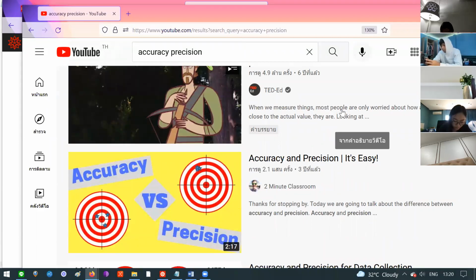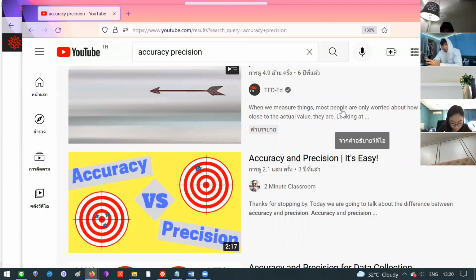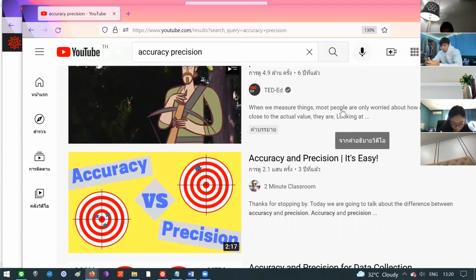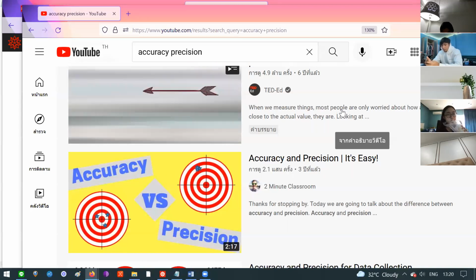Accuracy just means that you're hitting where you want to hit. So you aim right, you don't aim left, you aim right in the middle. Precision, however, is because even though you aim right in the middle, your shooting has certain variability.